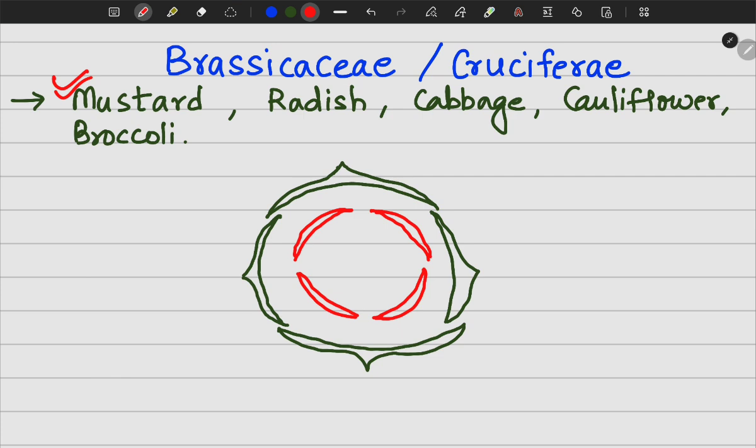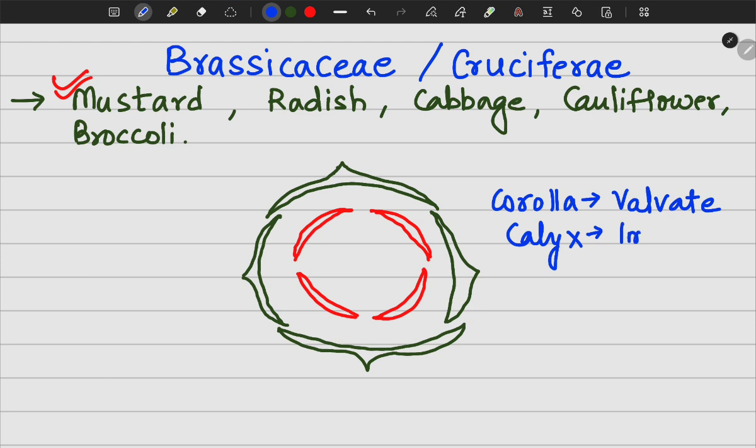Such kind of estivation is called valvate estivation, right? So let me write it. In the corolla, we see valvate estivation. In the calyx we see imbricate estivation here.